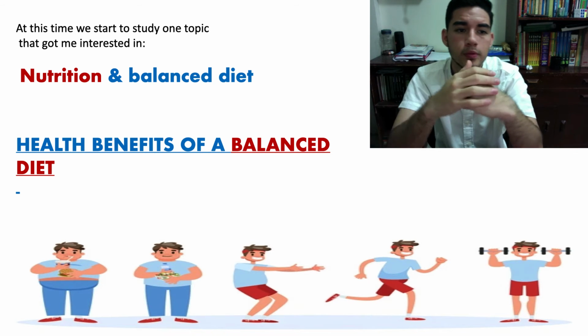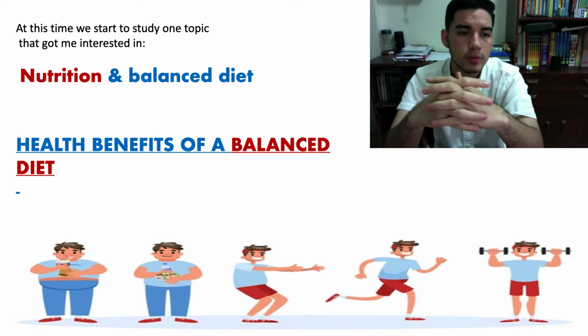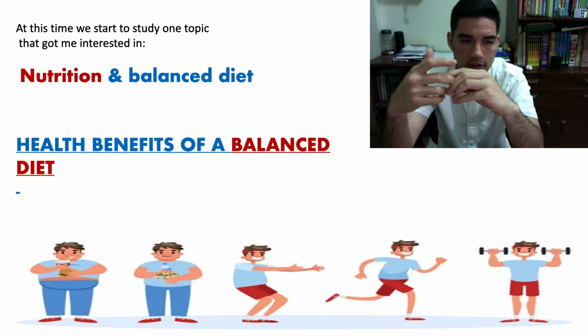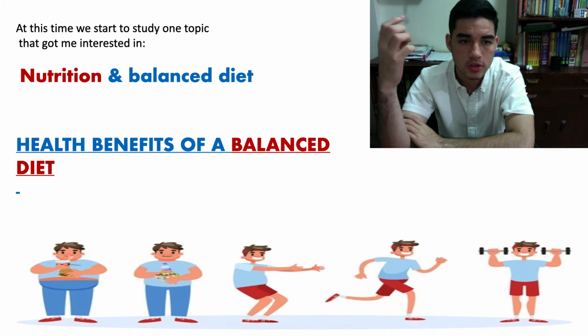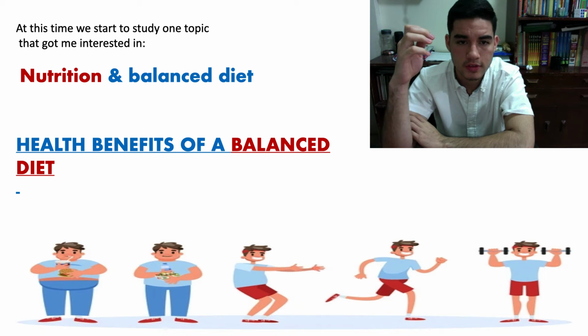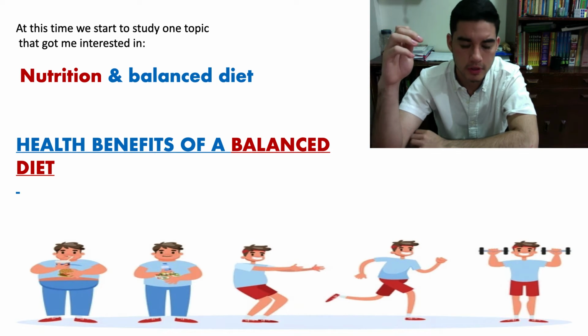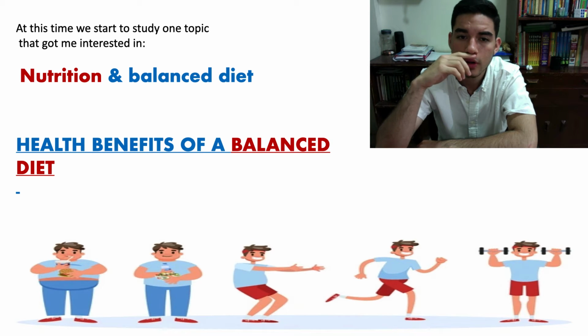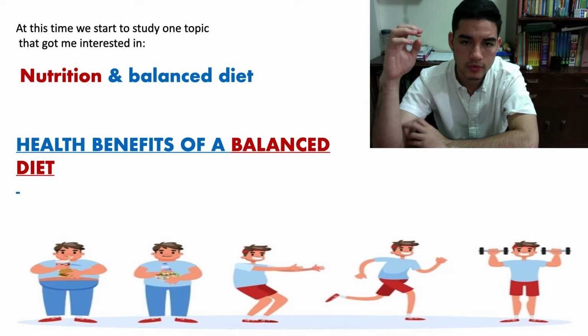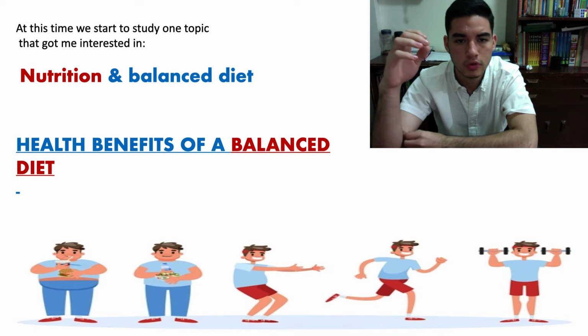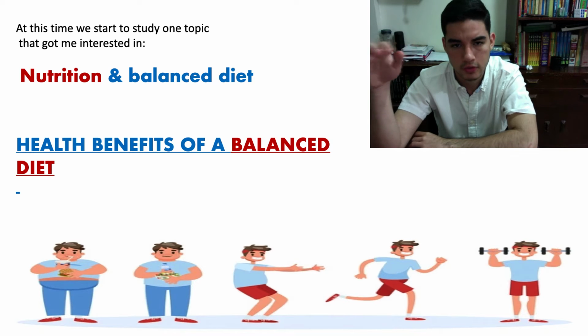At this time, we started to study one topic that I was interested in. It was nutrition and balanced diet. A balanced diet is a diet that contains different kinds of food in certain quantity and proportion, so that the requirement for calories, proteins, minerals, and vitamins is met. The number of calories in food refers to the amount of energy stored in that food.